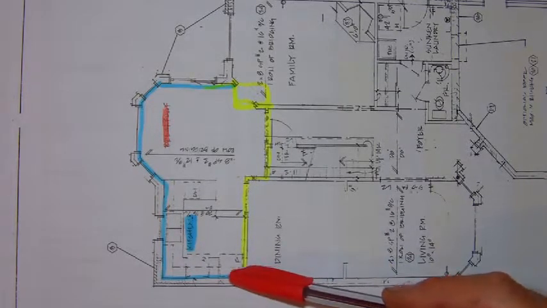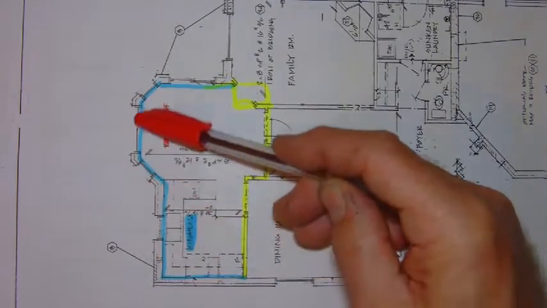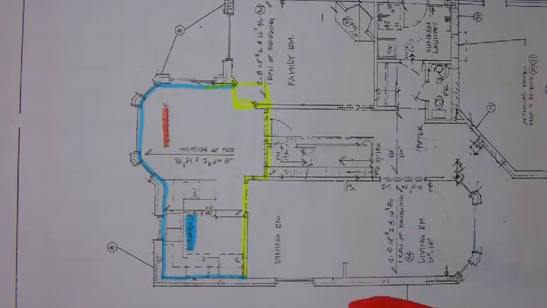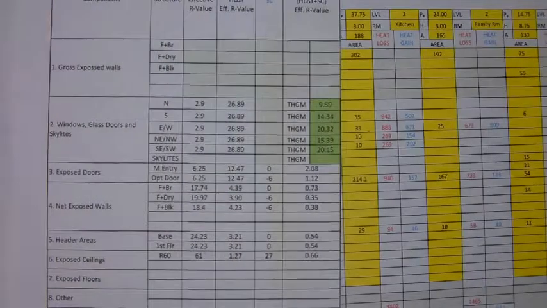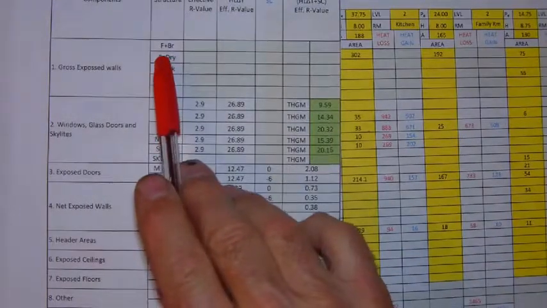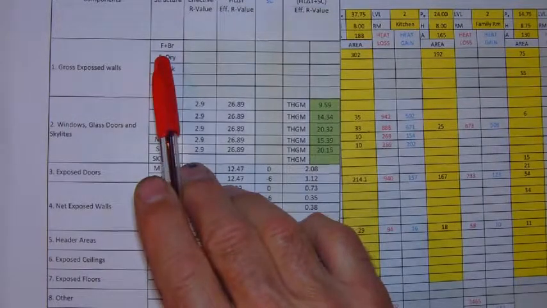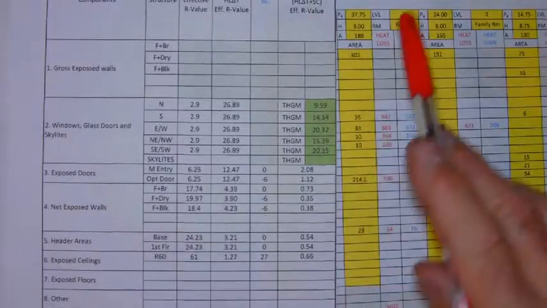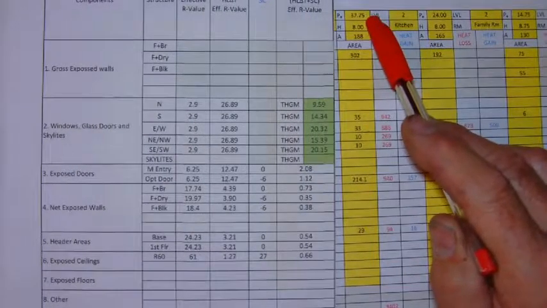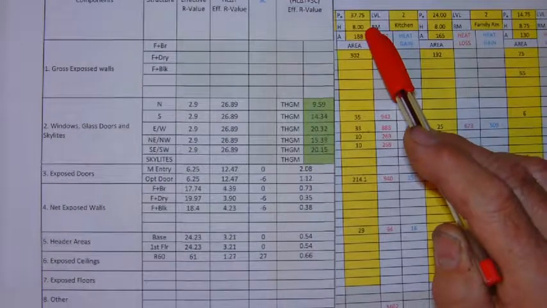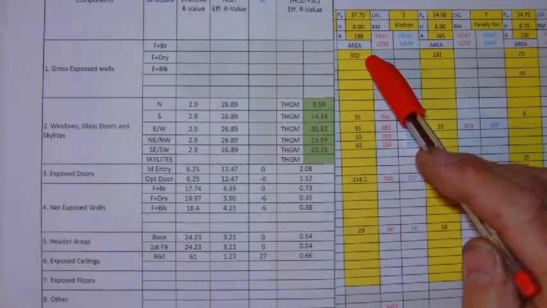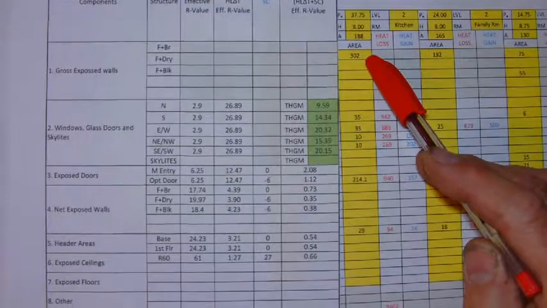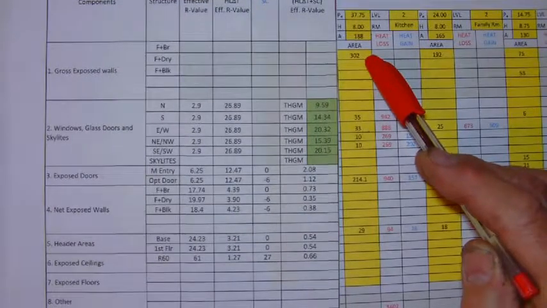So the total exposed perimeter for the kitchen is frame plus brick. So on your worksheet we have a frame plus brick row. In order to find the gross wall area, you take your exposed perimeter, 37.75, times the height of the wall, 8 feet. That will give you 302 square feet, and that will be rounded.